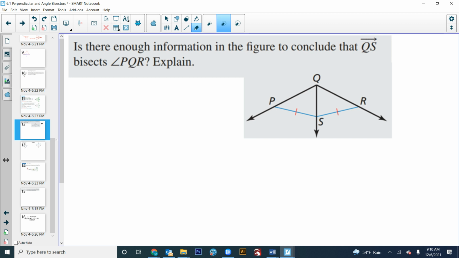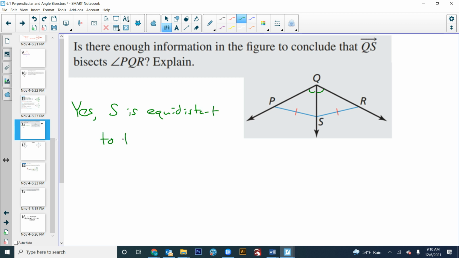But there's still a pair of congruent segments to the sides of the angle, right? So S must be on the, what's the conclusion? S must be on the angle bisector. S is equidistant to the sides of the angle.